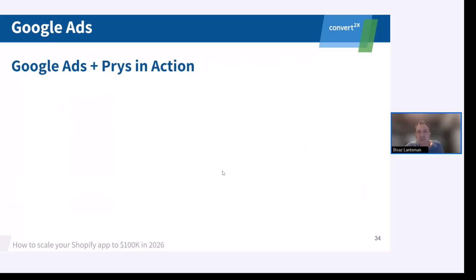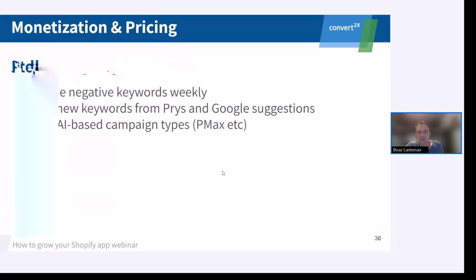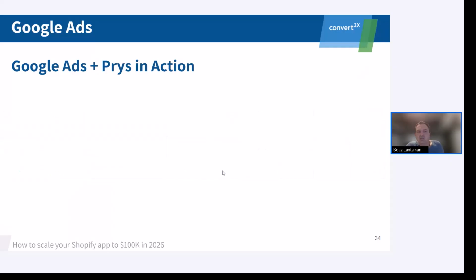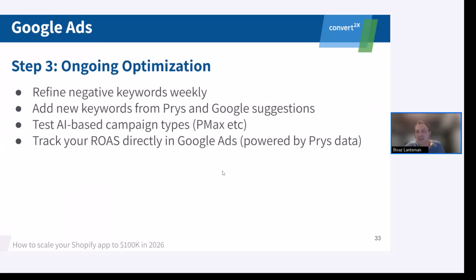The reason, despite the fact that Google Ads traffic converts much less than Shopify Ads traffic, it still makes sense. There are two reasons. One is that the clicks are very, very cheap in Google Ads relative to Shopify Ads.